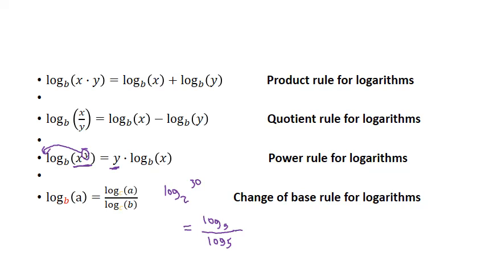So we've changed the base, but we're going to use the argument as one of the arguments, and we're going to use the base as the other argument. So when we work out these two individual problems with a base of 5, and we divide them, we're going to get the same answer as log base 2 of 30. That's all the change of base rule or property for logarithms is.